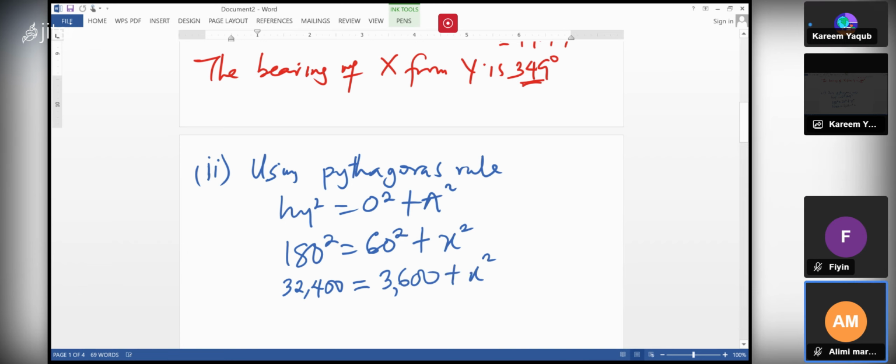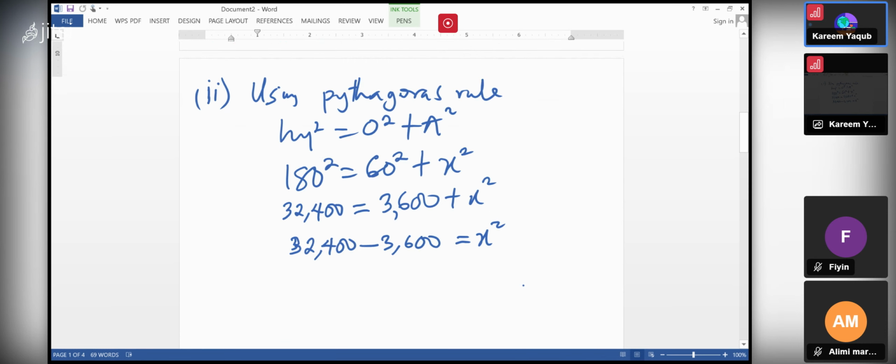So we just collect like terms here. That will be 32,400 minus 3,600 equals x squared. So subtract that: 32,400 minus 3,600 is 28,800.